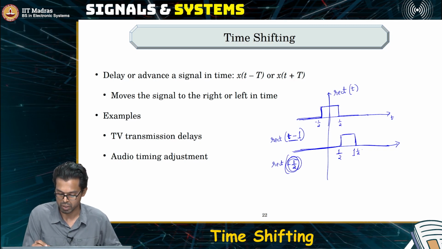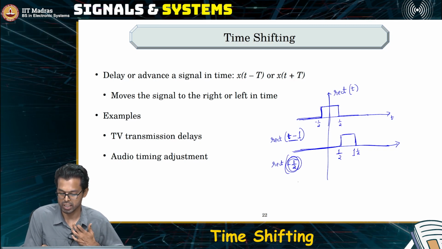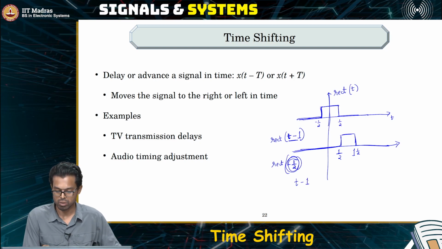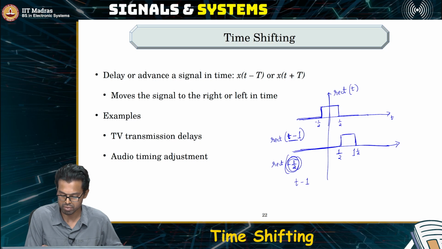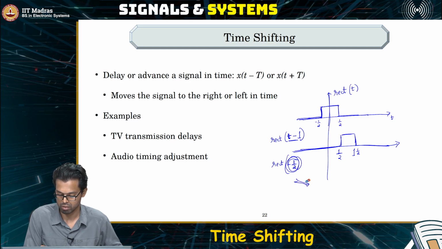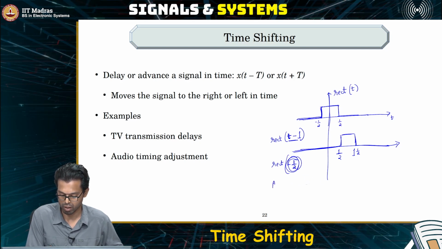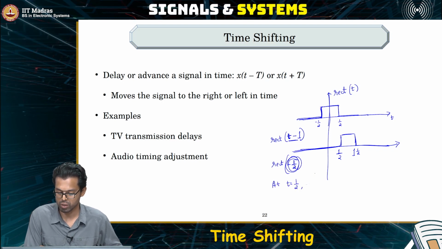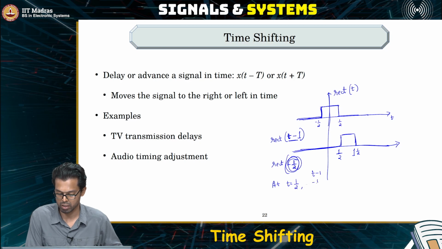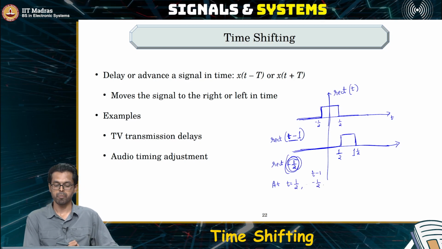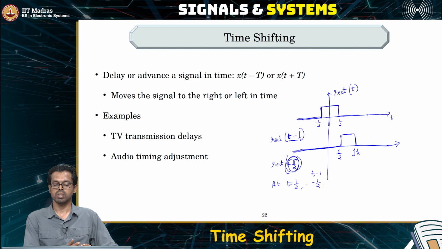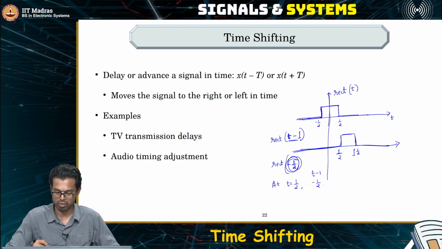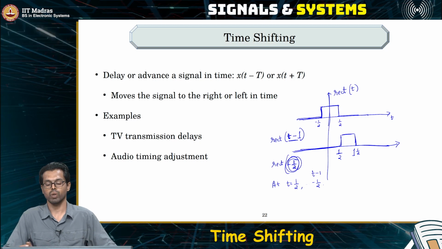So that is by subtracting 1 from whatever value t takes. At t is half, what is the value of t minus 1? It is minus half. Okay. So the rectangular function starts at t equal to half instead of starting at t equal to minus half. In other words, we can shift it to any point we want.